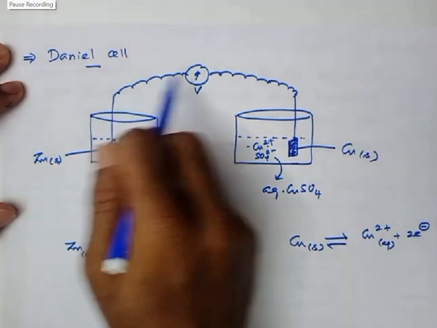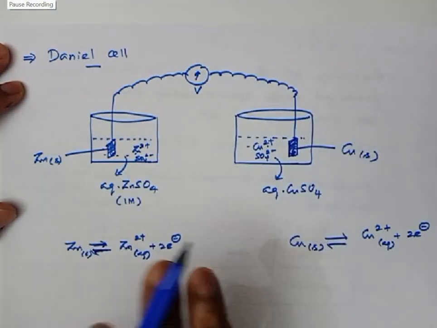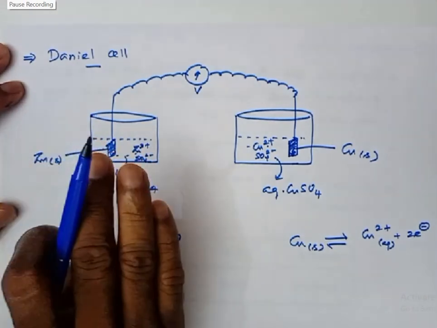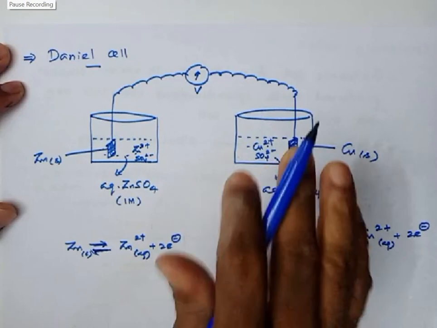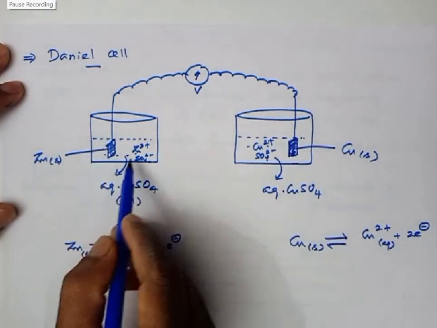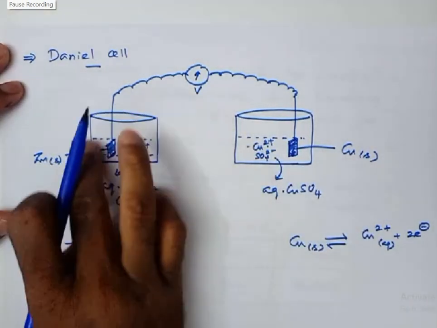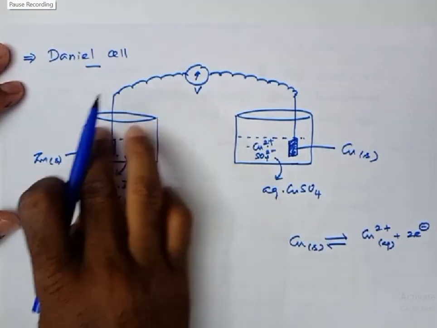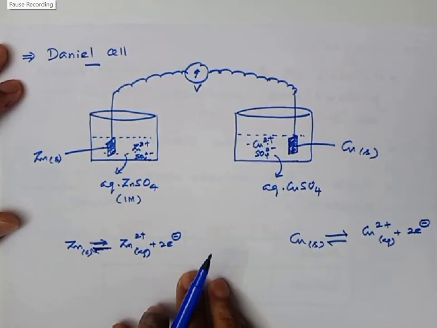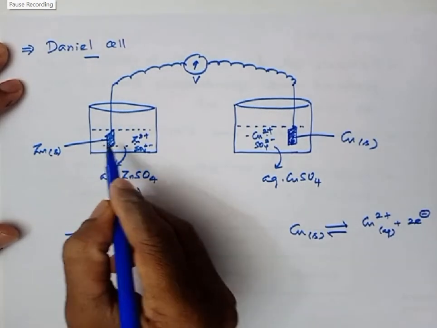But when you connect the 2 electrodes through a wire, predominant oxidation takes place at one electrode and predominantly reduction takes place at the other electrode. Actually, the reactivity of zinc is high, so in this container oxidation is the dominant process. So more and more oxidation starts to occur.